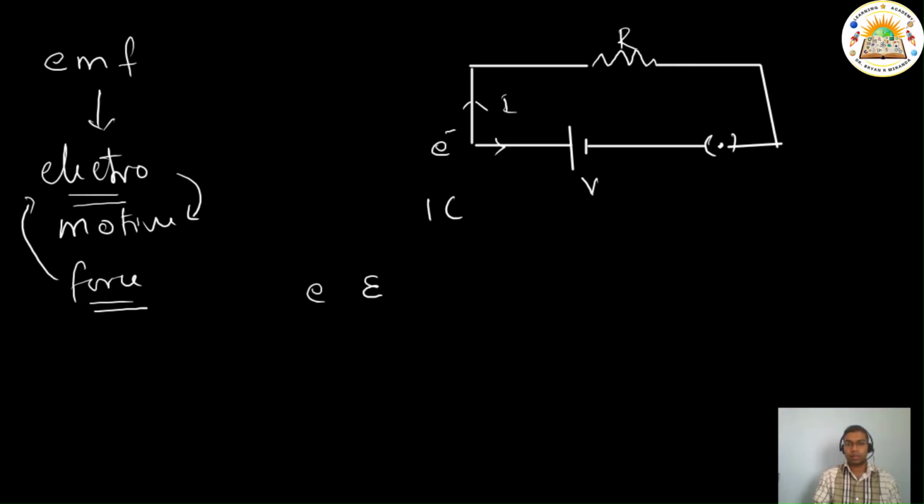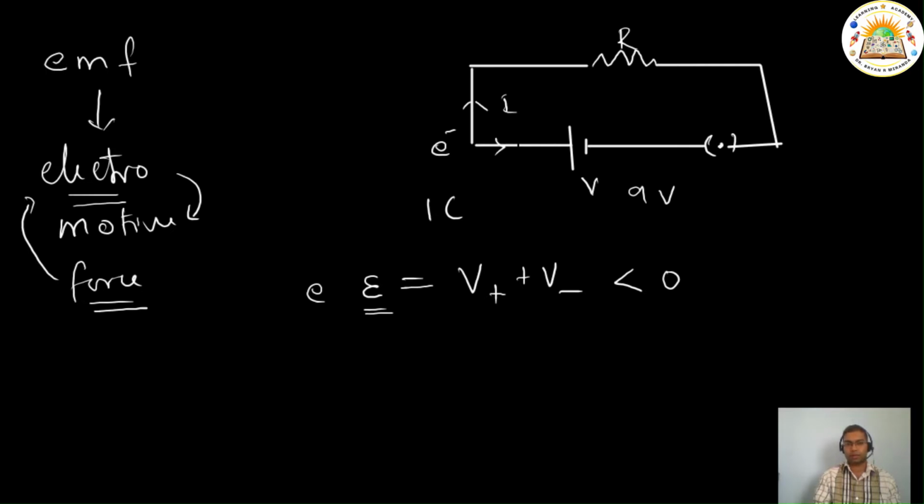Now this is going to be V plus minus V minus, which is going to be less than 0. That means this is a very small force that the electron feels. It's not saying that if I have a potential difference of 9 volt, the electron is going to feel the entire 9 volt. No. The electron feels the force for which the work is done moving around this circuit.